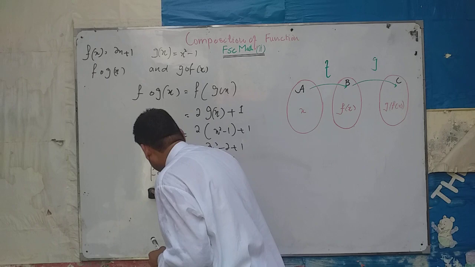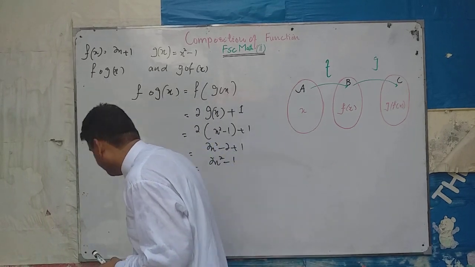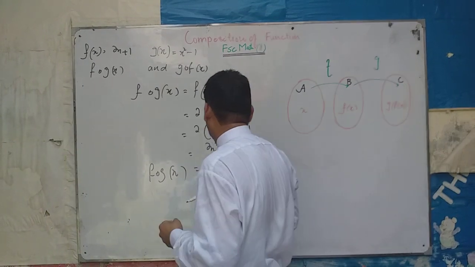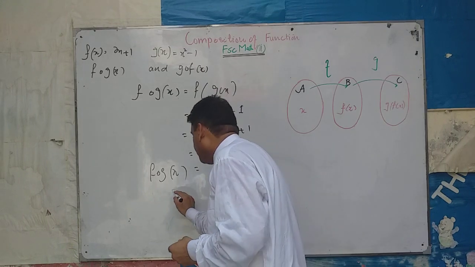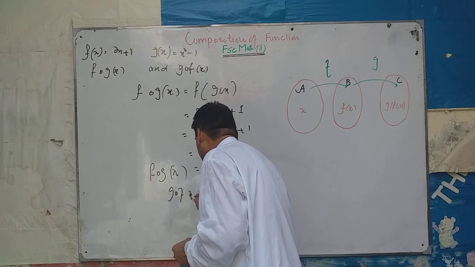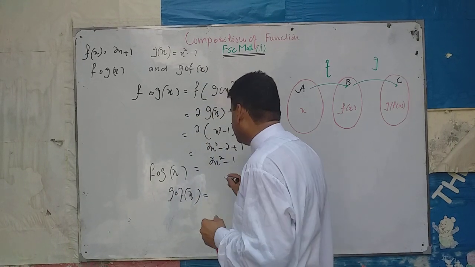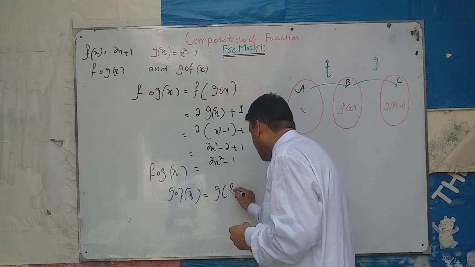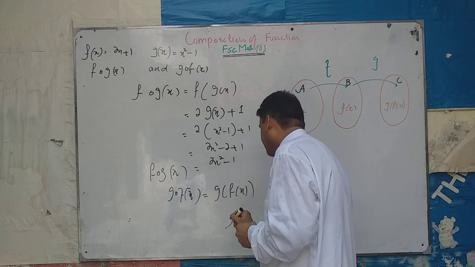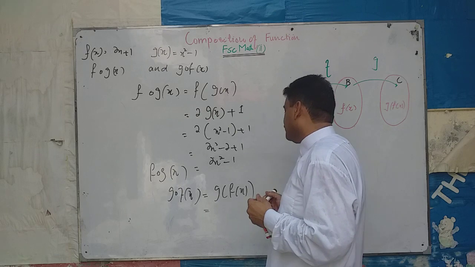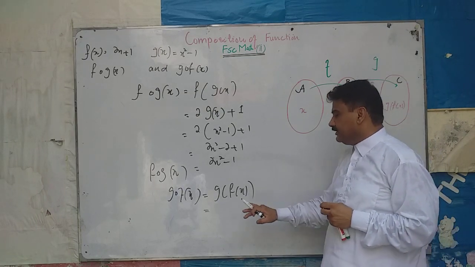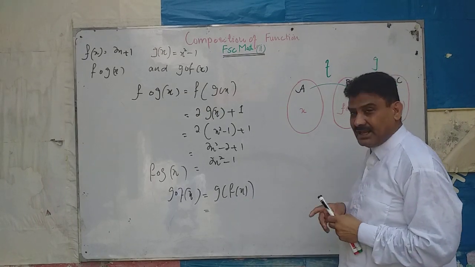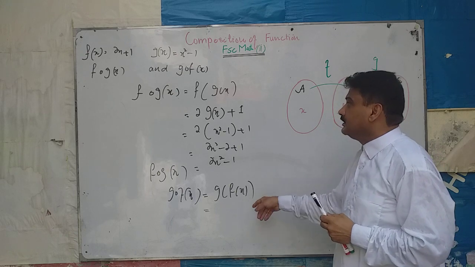To find g of f of x, we write it like this. To calculate g of f of x, we just replace x by f of x in function g.